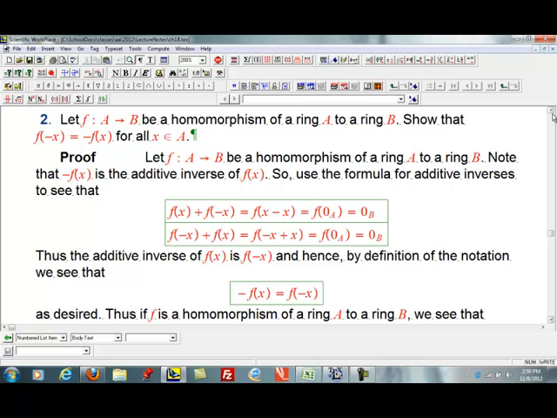Take any two elements and bring out the homomorphism. I would call them y. Just y, y1 and y2. Because usually when you use function notation, you have y equals f of x. So we're talking about the y values.